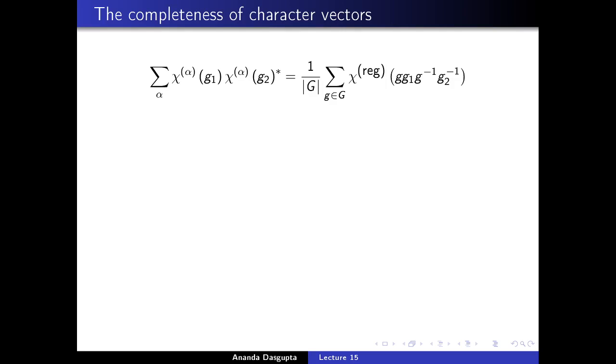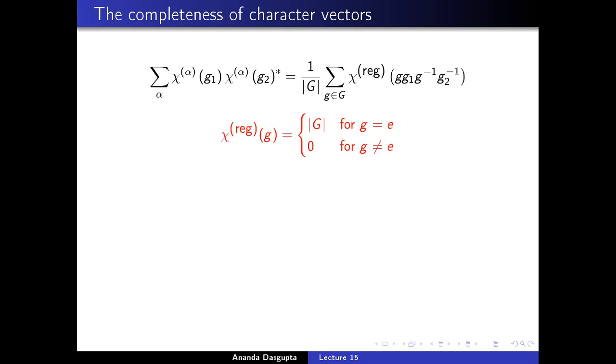All other group elements are represented by matrices which have only zeros on the diagonal. As a result, for the regular representation, the character is given by this simple expression. It is equal to the order of the group if the element g that we are talking about is the identity, and if we are talking about any other element, then the character is simply 0.